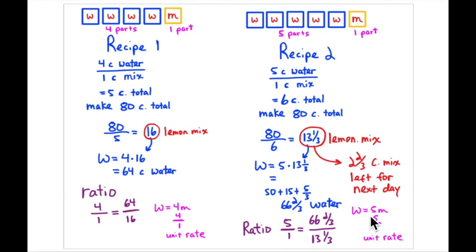So water is equal to 5 times mix. Recipe number 1, the amount of water used is 4 times the amount of mix. So the amount of water is equal to 4 times the mix. So the equation, the unit rate, or constant proportionality.